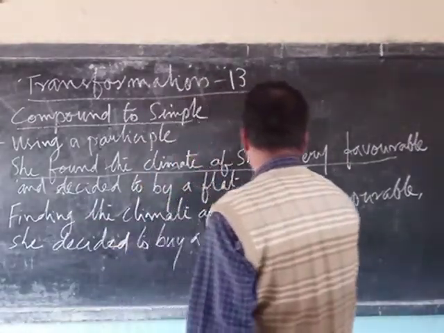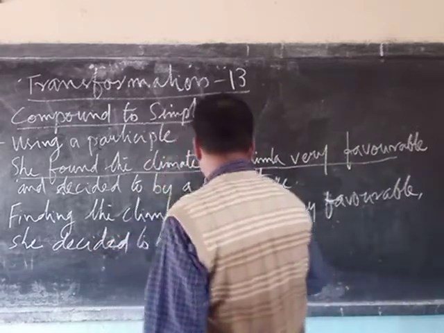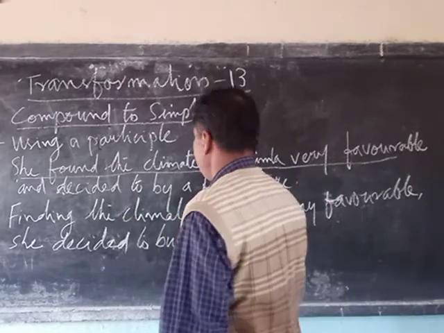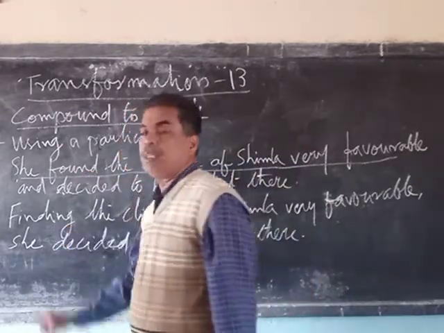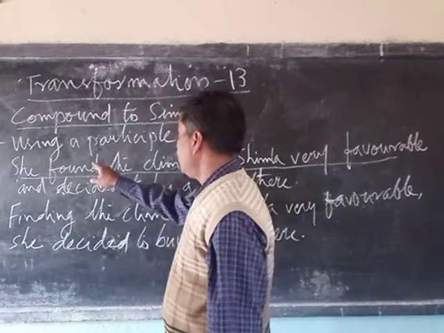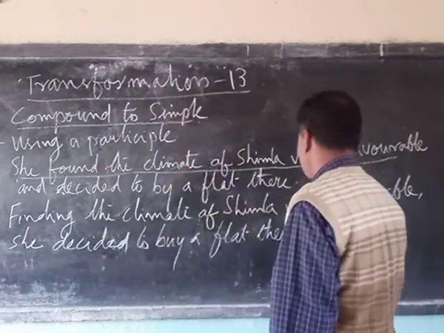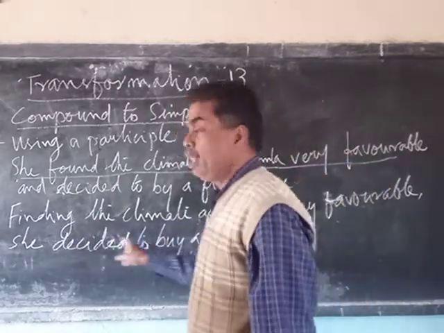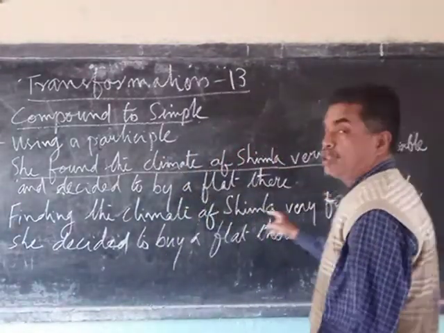Finding the climate of Shimla very favorable, she decided to buy a flat there. Here "found" has been made into a present participle, and the clause has now become a phrase because there is no finite verb in it.